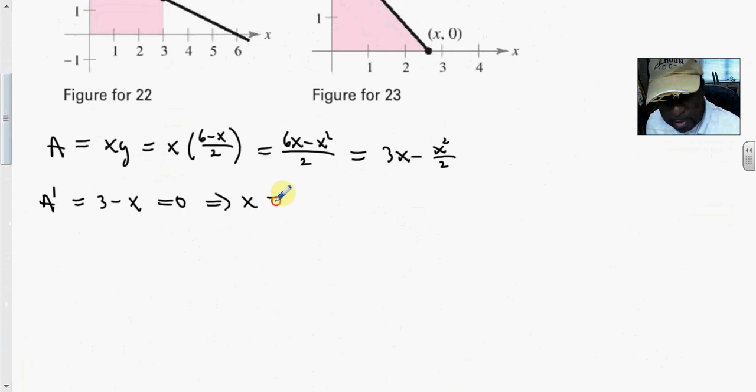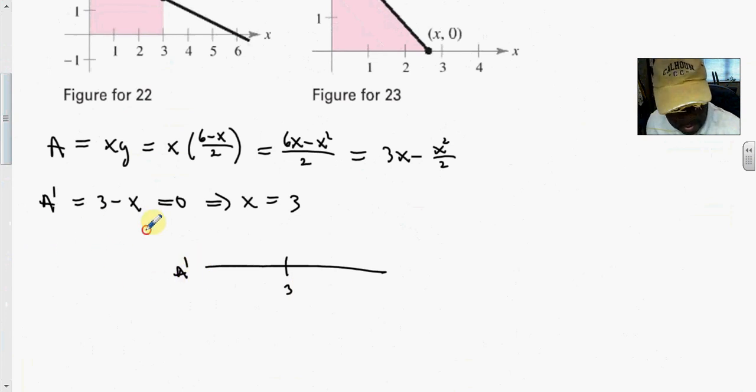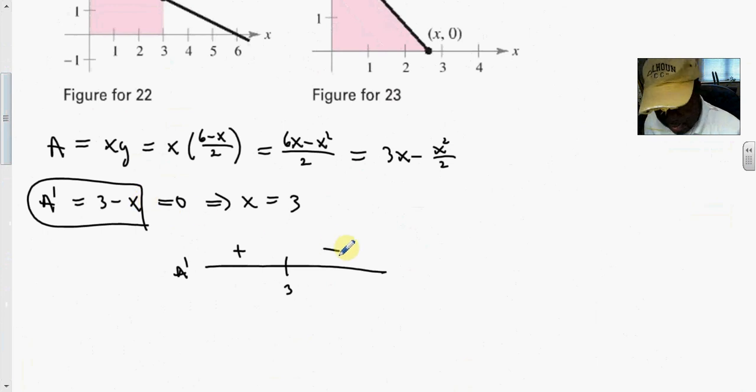This implies that x is equal to 3. So if x is equal to 3, partition the number line based on 3, and we're investigating A prime. Take a number less than 3 and plug it in, and here we get positive. Take a number bigger than 3, plug it in, and here you get negative. And so we have a maximum at x equal to 3.